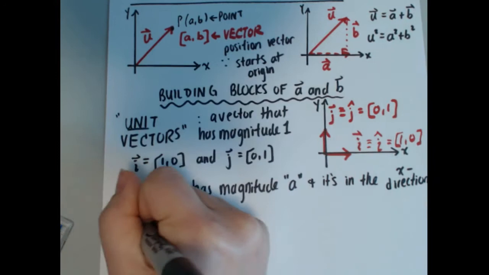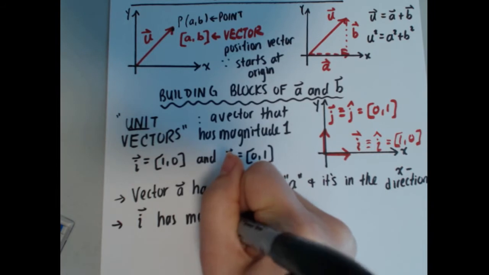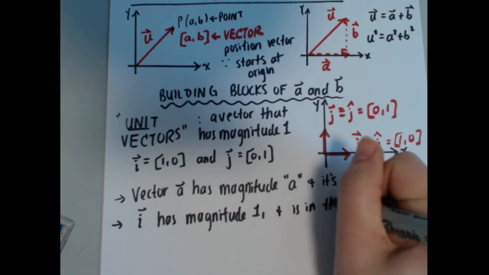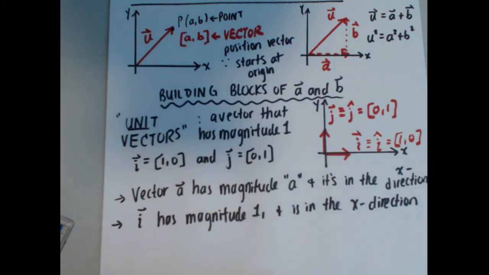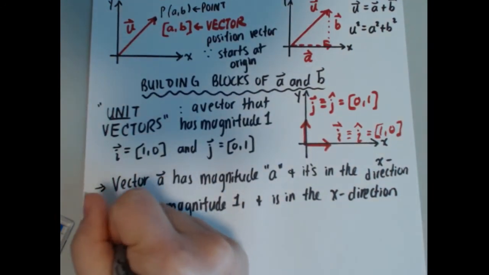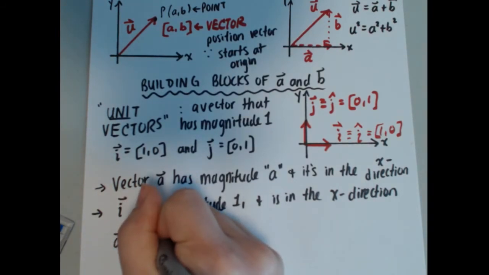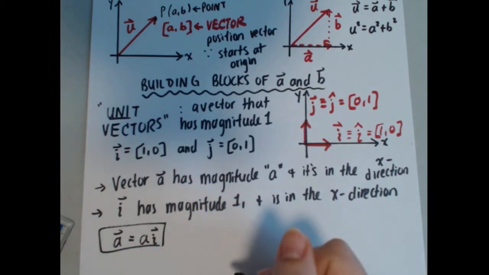Now notice that vector I has magnitude 1 and is in the x direction as well. And so what that means is I can take vector A and rewrite it as the following. A vector has two components, magnitude and direction. So vector A I can write as the magnitude component, which is A, and the direction component, which is I. So A is equal to A times I. That is still the same thing. These two things are the same.